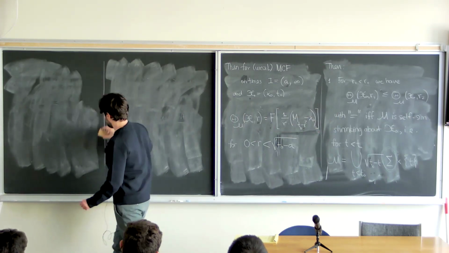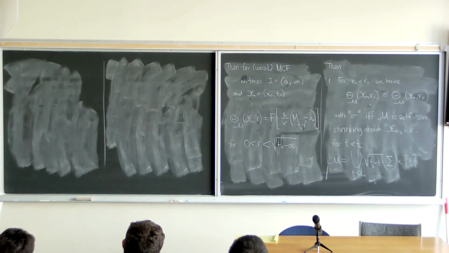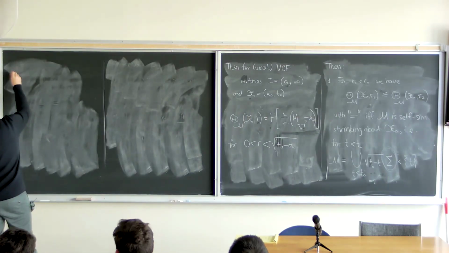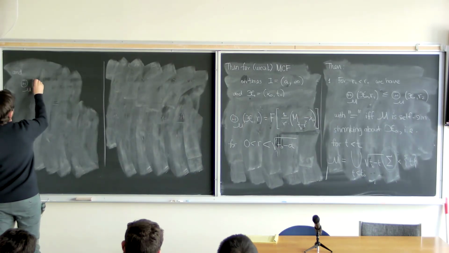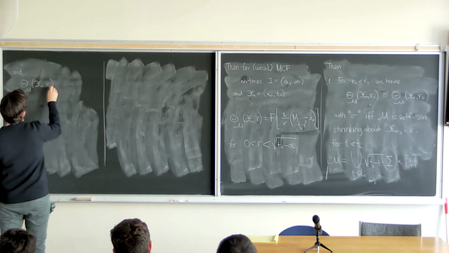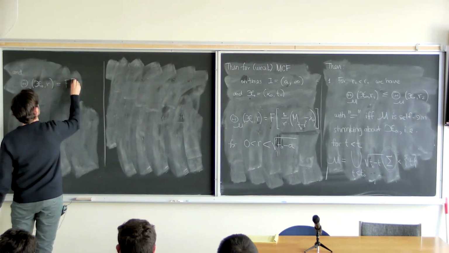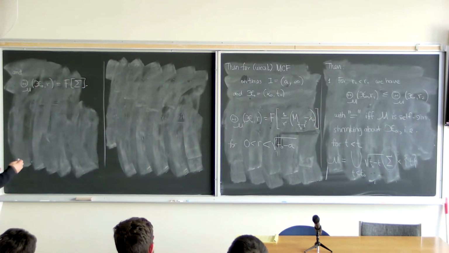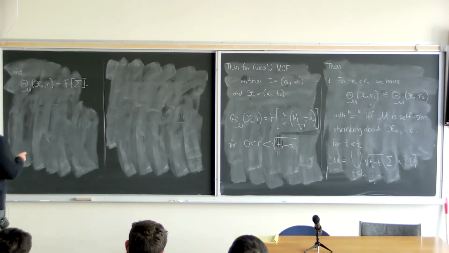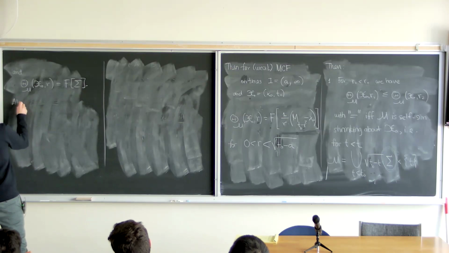So let me write it in a couple of different ways. And that's one thing. Moreover, because of the monotonicity, we can actually define the infinitesimal density at the point x0 to be the limit as r goes to 0.